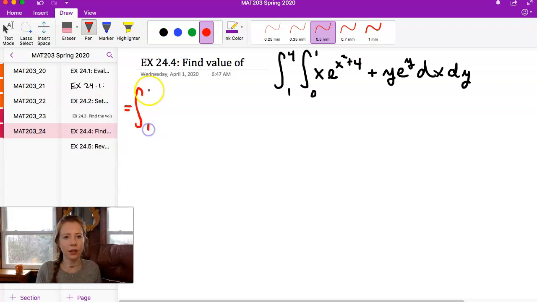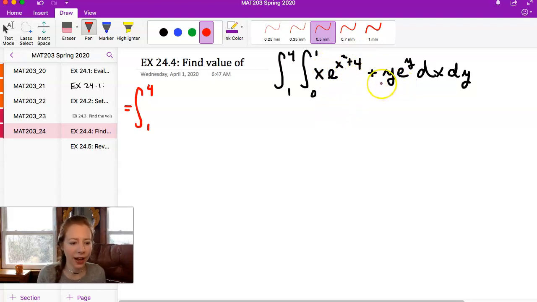So our y is going to go from 1 to 4. Okay, so now we have to integrate this whole piece right here in terms of x. And so we get, so let's see, we have x e to the x squared plus 4 plus y e to the y.